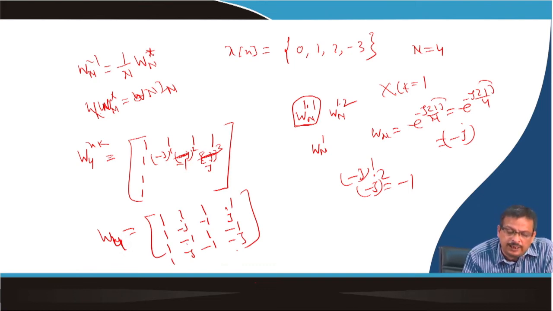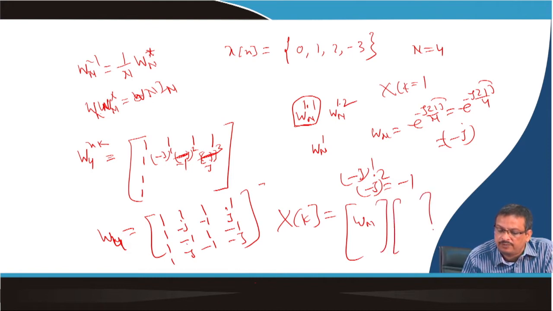Now, x of k matrix is nothing but this Wn matrix multiplied by the signal matrix x of n. So what is the signal matrix?